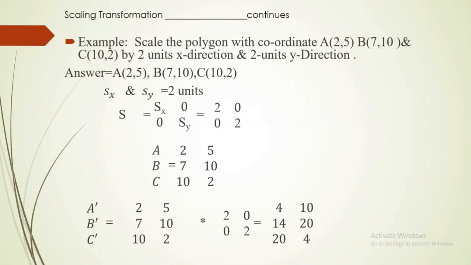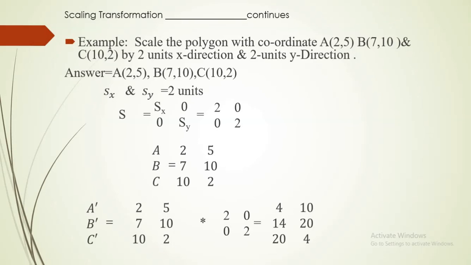In transformation, the problem is: scale the polygon with coordinates A of 2, 5, B of 7, 10 and C of 10, 2. So these are the x y coordinates of A, B and C, by 2 units in the x direction and 2 units in the y direction.